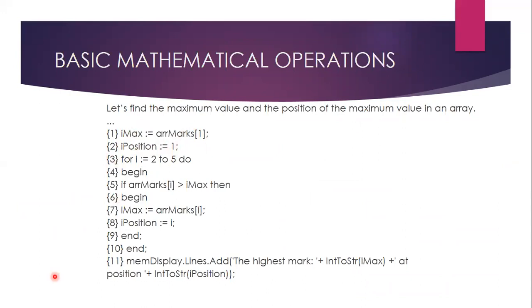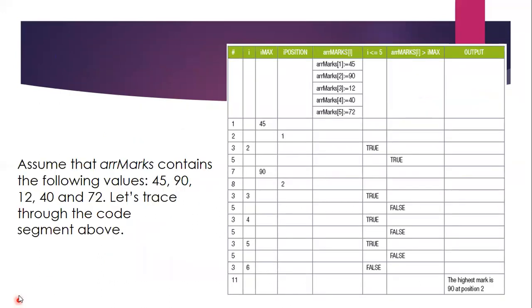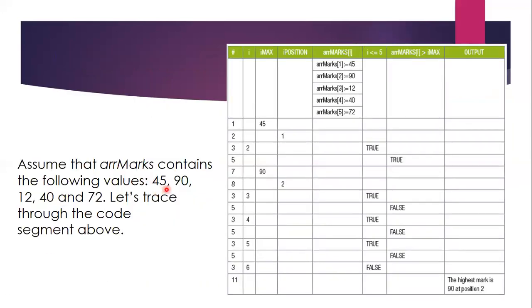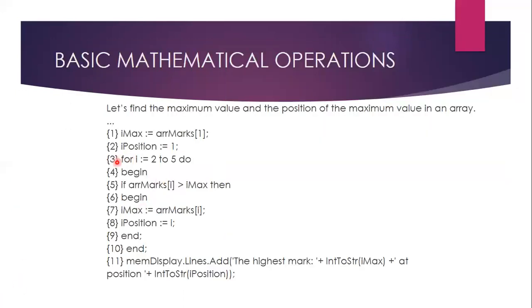Let's go and see on the next slide. There is my position 1, my I position, and the R marks I'm still going to be working out. Sorry, wrong way. They have given me my array: 45, 90, 12, 40, and 72. Let's go back here. For I, 2 to 5, do the following. Begin.